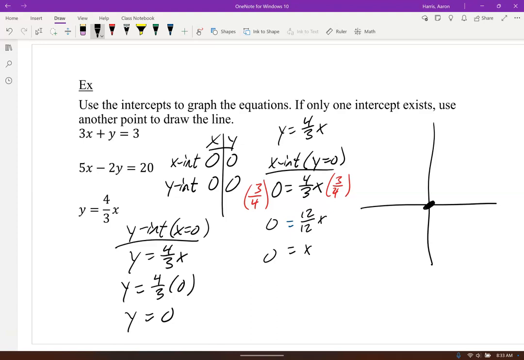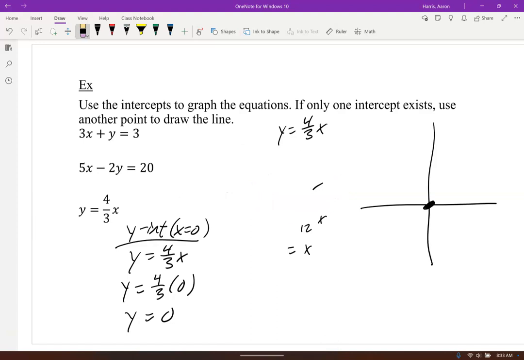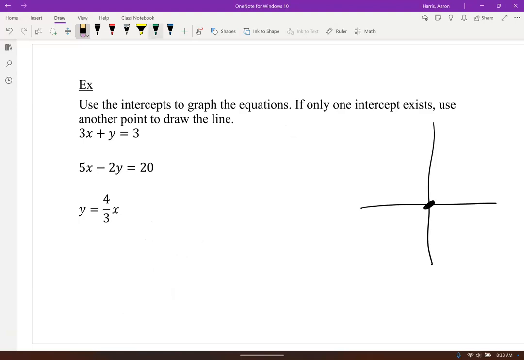And so what we'll go to is we'll start talking about y equals mx plus b. This is a good problem to do that with. Any linear equation can be written in this form: y equals mx plus b. m is our slope, and b is our y-intercept.